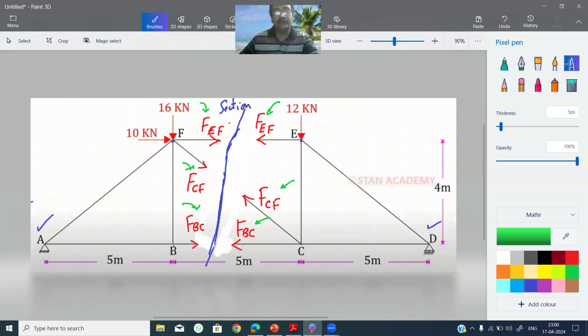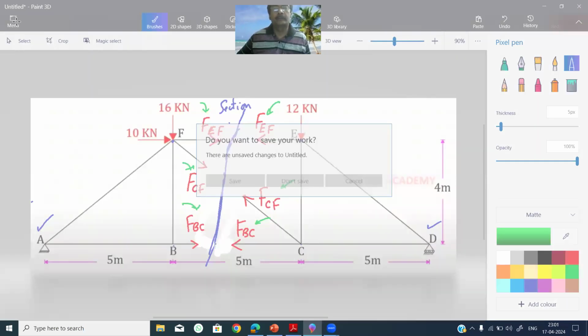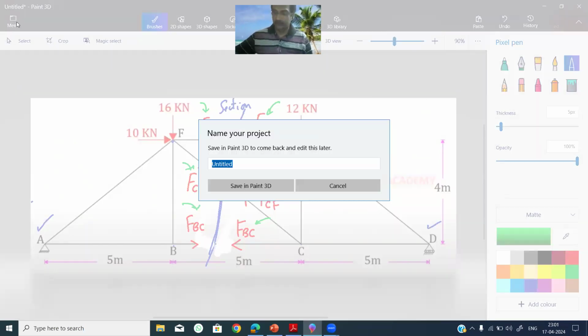So what are the different steps? The steps are, first thing, I will save this in Paint video.